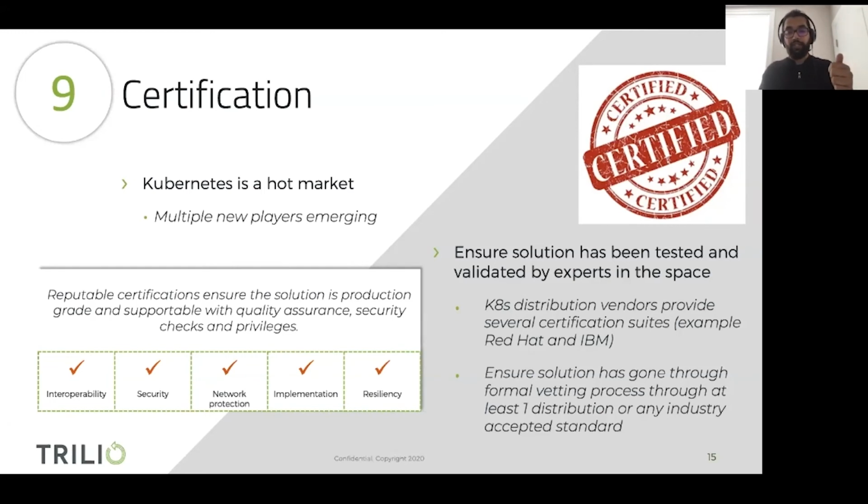The answer to that is that there are multiple leaders in the container space, IBM, Red Hat, they all have so many different certification suites that ensure that any application that goes through that certification has made sure that they use best practices in terms of security, interoperability, making sure network practices are solid, implementation is completely enterprise grade, and it's a resilient architecture. So definitely ensure that there has been a third-party validation of the software, of the technology, so that you do not rat hole yourself in the future somewhere.